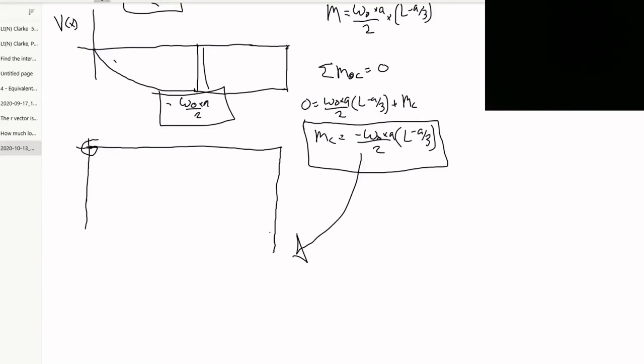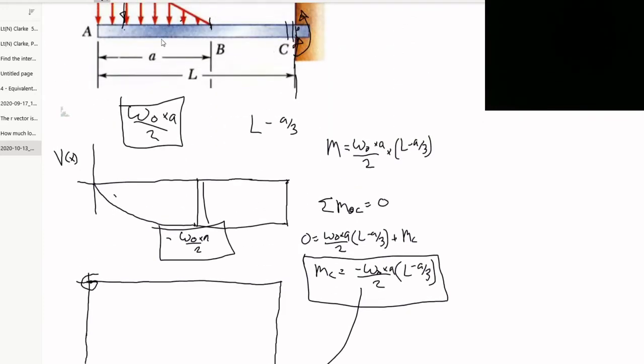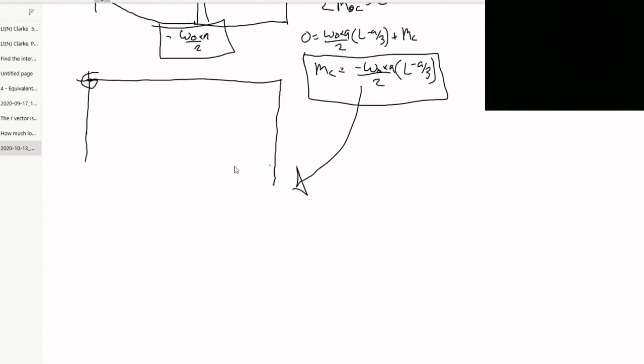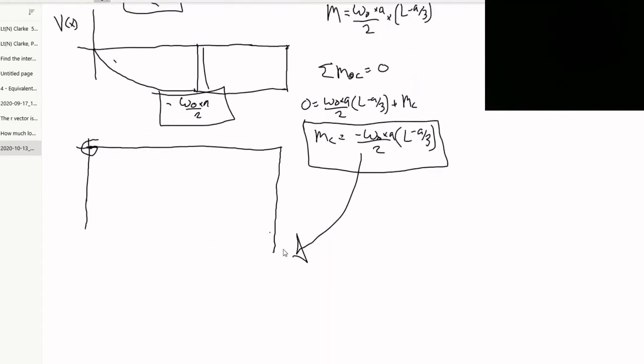And then between B and C, we're going to have a constant slope. So we can just draw a line between here and here, and that'll show us the variation between here and here.